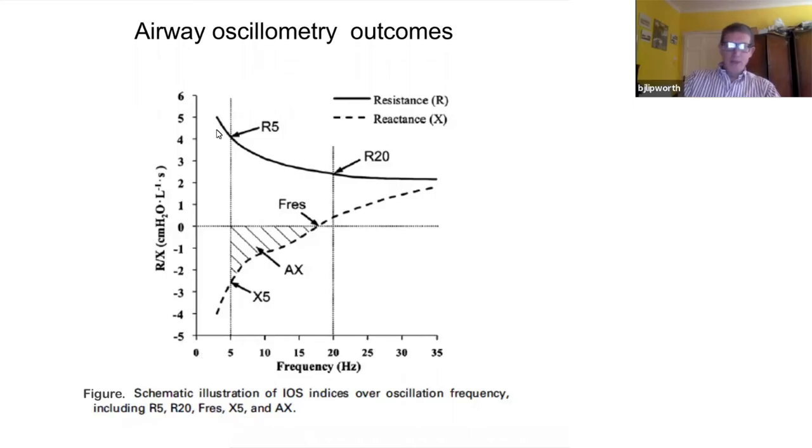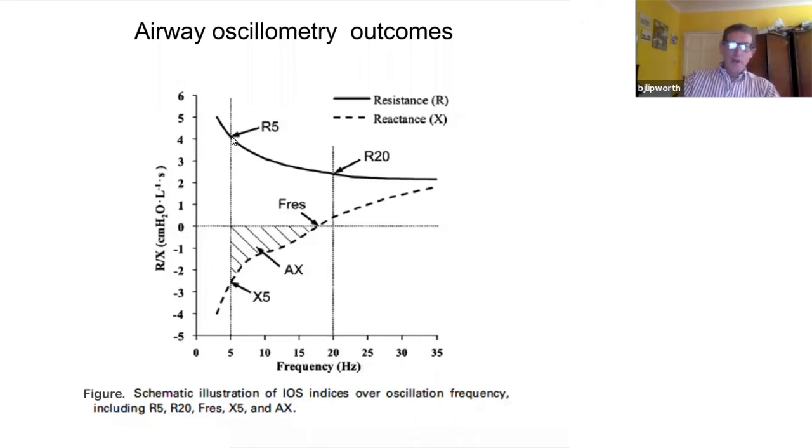So let's start with the solid line here, okay? This is the resistance line. And you can see when you plot the resistance line against frequency, there is considerable variation depending on the frequency.